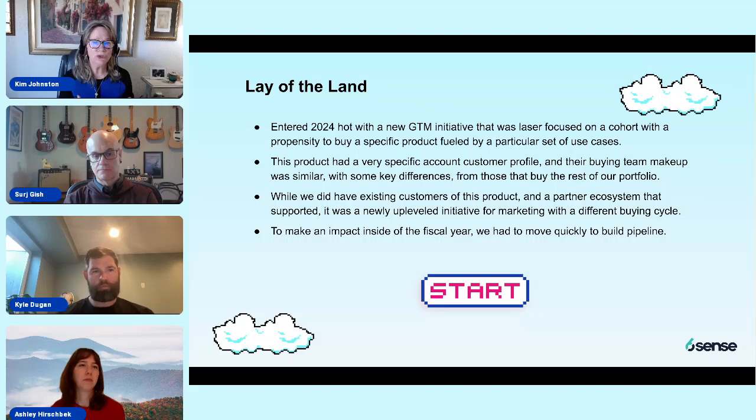It was more new to marketing having a very direct program to get traction in the space. It was also not new that we had a partner ecosystem that participated in this selling cycle, so we knew that would be a component that we would need to take advantage of and support and enable to make it happen.